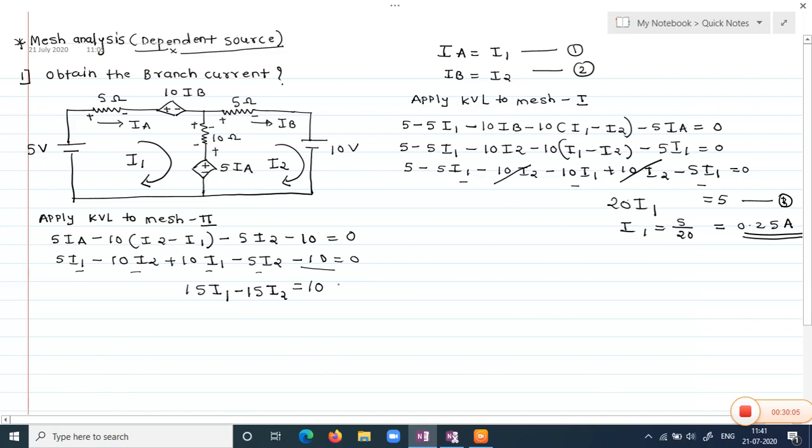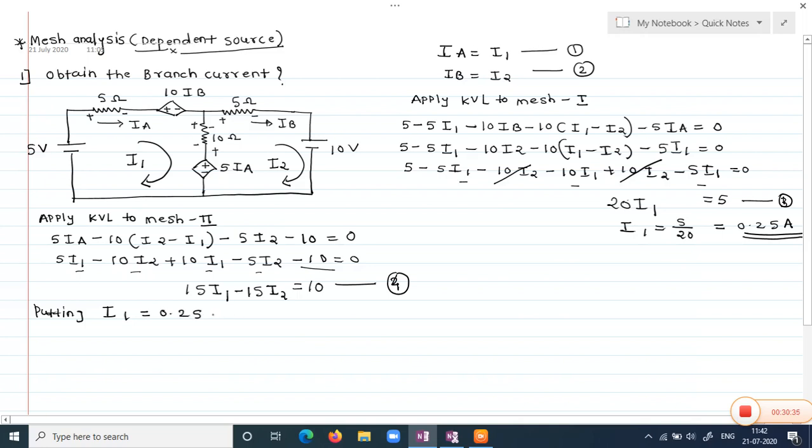That is equation number 4. So you already got I1 from equation number 3, that is 0.25.